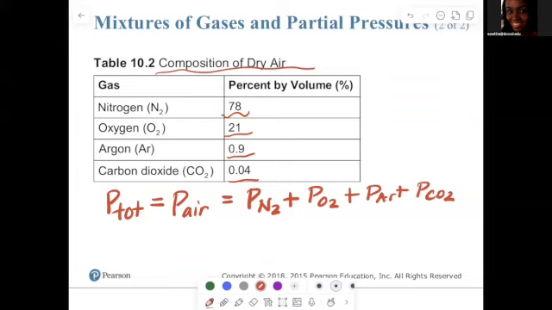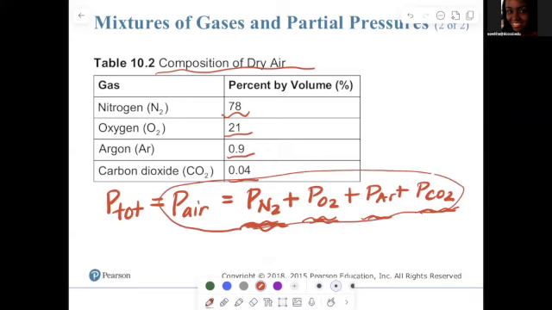You don't just call them pressure of oxygen, pressure of nitrogen, because in the world of chemistry, if you just say pressure of nitrogen, you mean that you don't have a mixture, you just have nitrogen by itself. But when you say you have a partial pressure, you're indicating nitrogen is part of a mixture of gases. Does that make sense? Right? So take the partial pressure of nitrogen, partial pressure of oxygen, partial pressure of argon, partial pressure of carbon dioxide, add all of these up and you get the pressure of air.